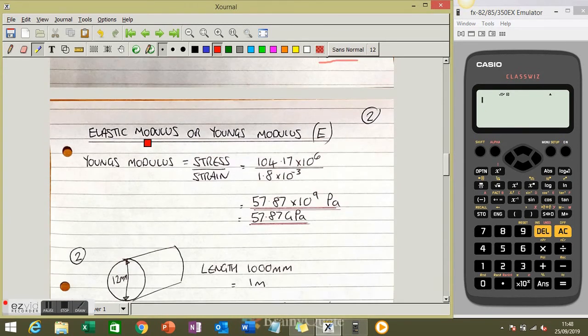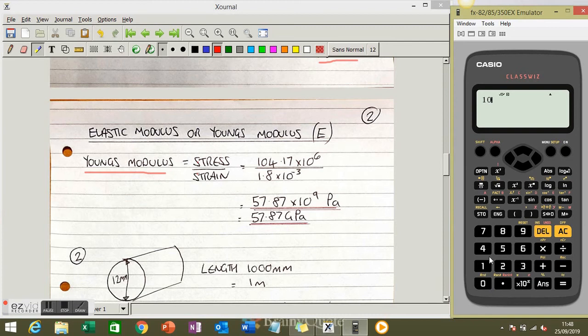And I think the last part was to work out Young's modulus, or the elastic modulus. We know that Young's modulus is stress over strain. We know the stress and we know the strain from previous parts of the question. So to work that out, 104.17 times 10 to the 6 equals all that. Obviously I'm rounding up a bit.